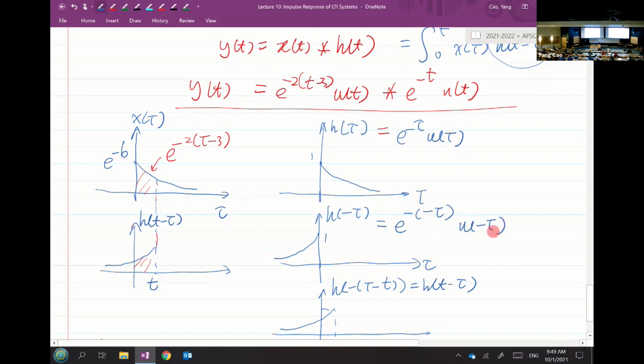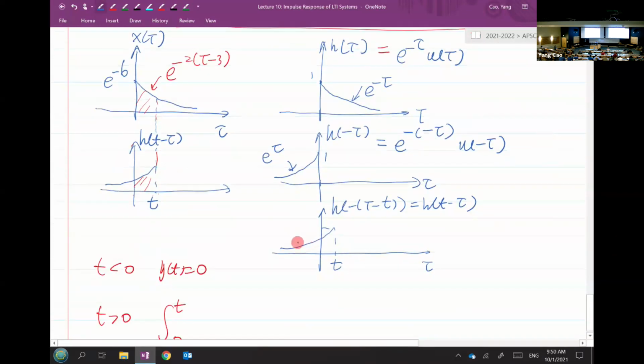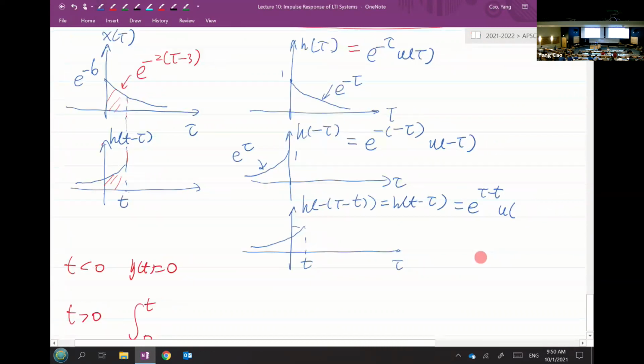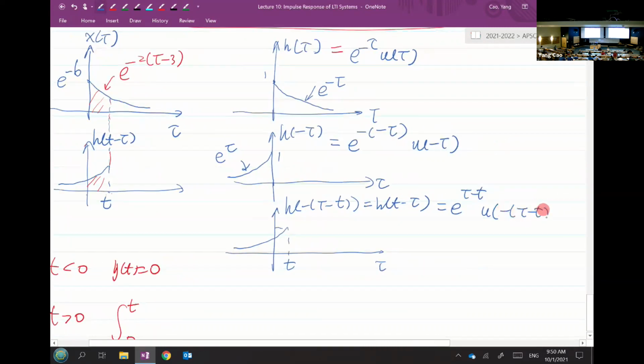Now, right now I'm keeping the u here because technically that's what h of t is. But of course, if you're just interested in this part of the function, that's e to the power negative tau, and this is e to the power of tau. So the last part, when you're doing the shifting, it becomes e to the power of tau minus t, and u of negative tau minus t, you're shifting, right?